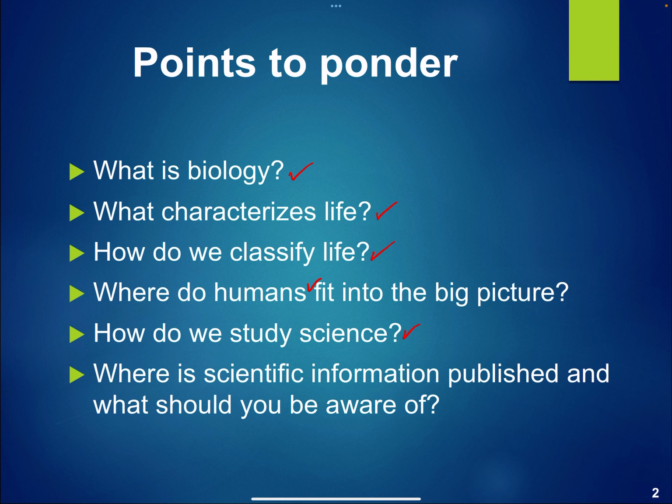Where do we obtain the information to be aware of scientific discoveries? I'm talking about accurate information, right? So these are questions I would like you to keep in mind as we cover this chapter.